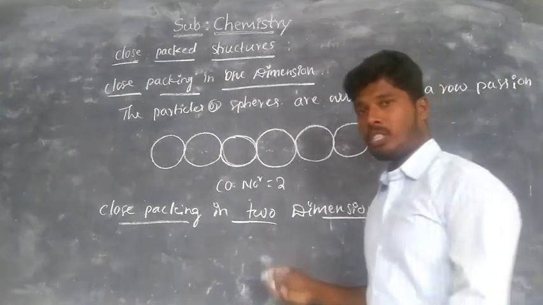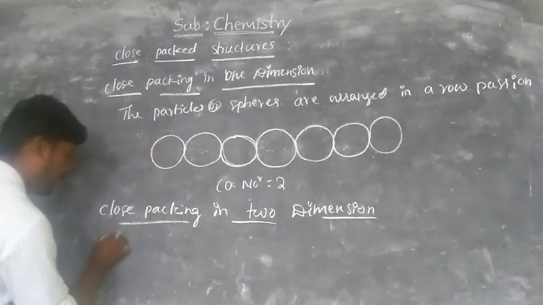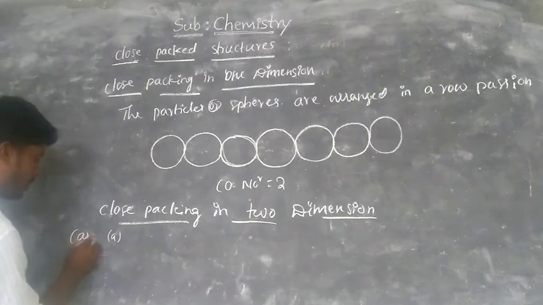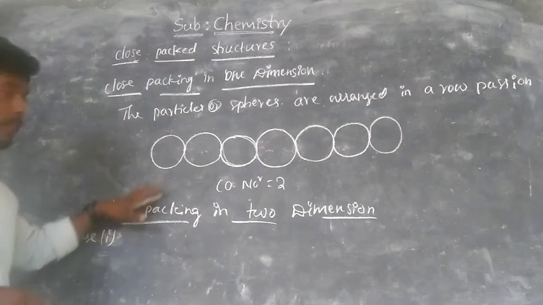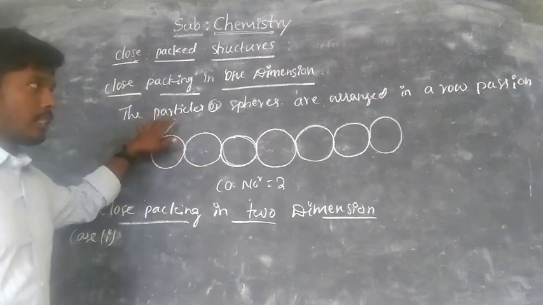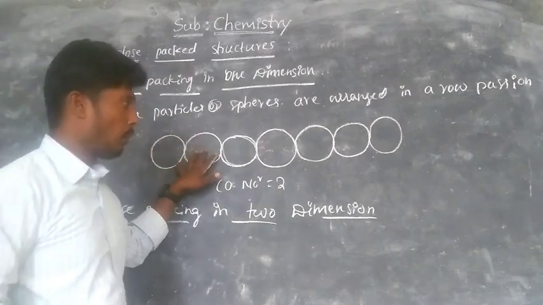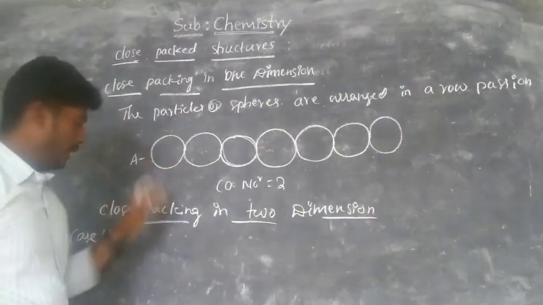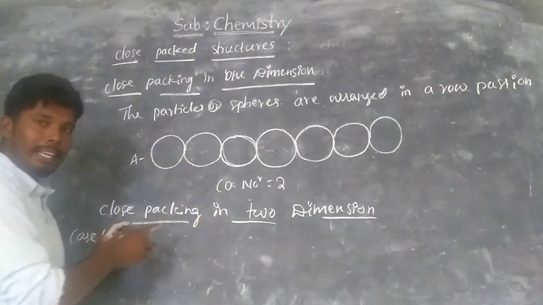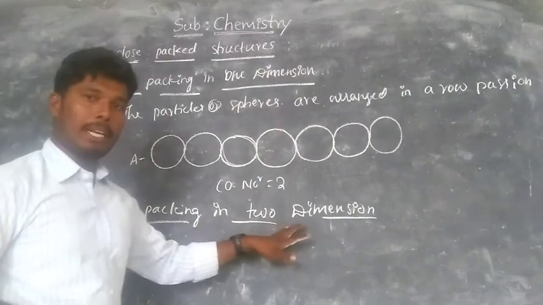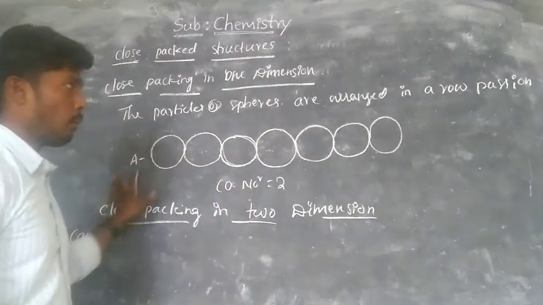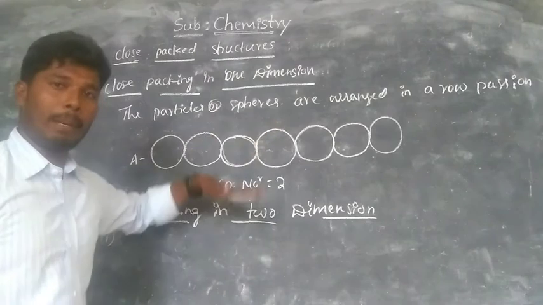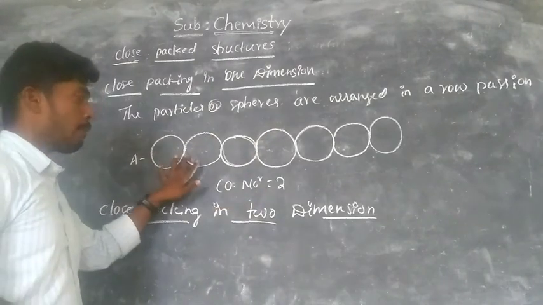In the first manner, in case 1, the particles of the second row, like assume this is the first row A, in two-dimensional close packing, the second row is exactly placed over the previous row.